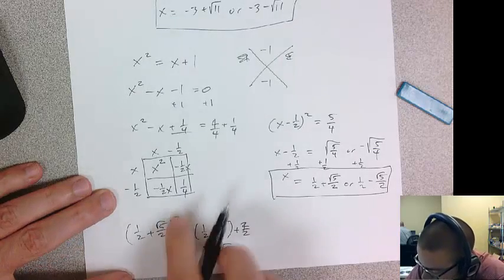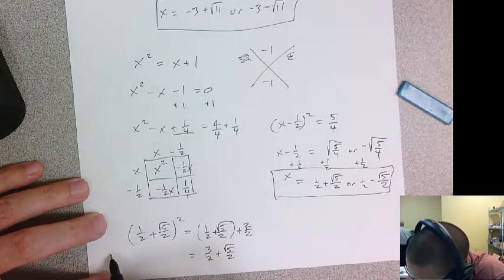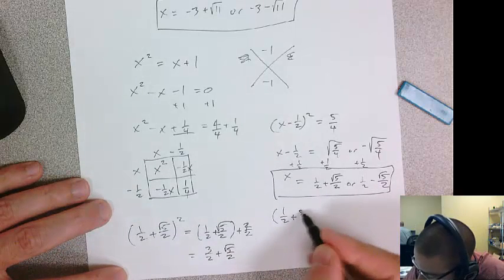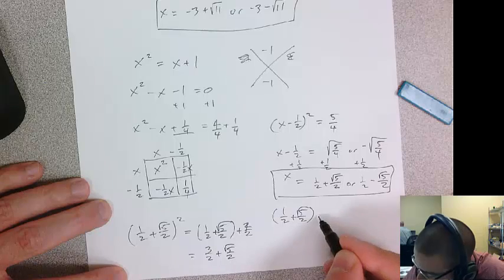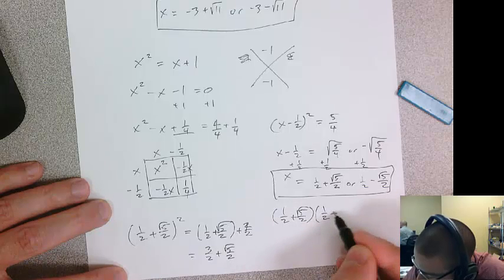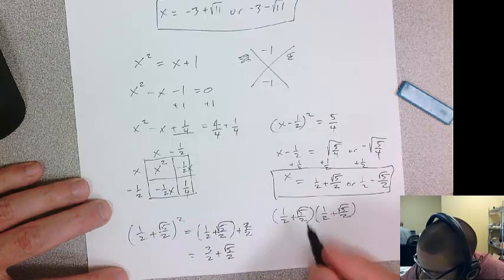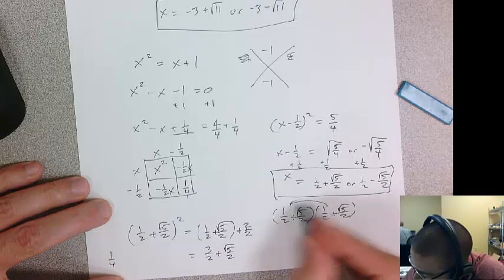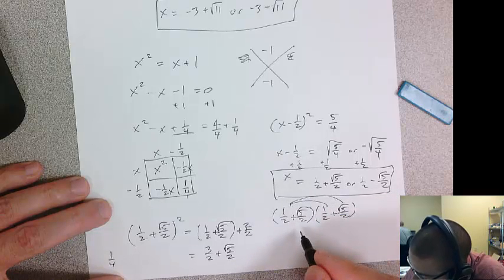And then I'm going to square this. So it's actually like multiplying two binomials together. So 1/2 times 1/2 is 1/4. And then 1/2 times that would be square root of 5 over 4.